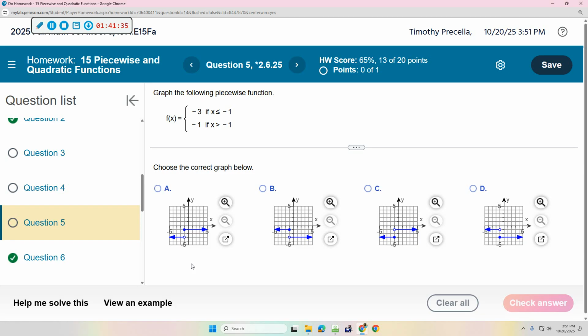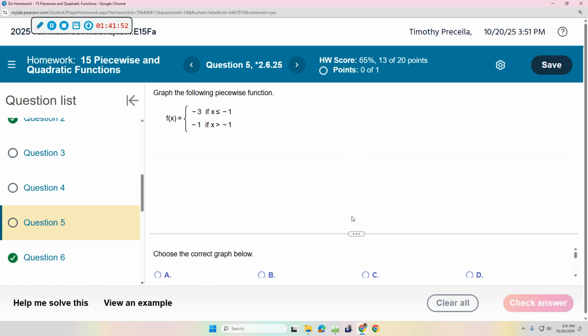So, number 5 looks a little easier for no reason other than there's only how many pieces here? Just 2 pieces. We have f of x equals -3 if x is less than or equal to -1, and -1 if x is greater than -1.